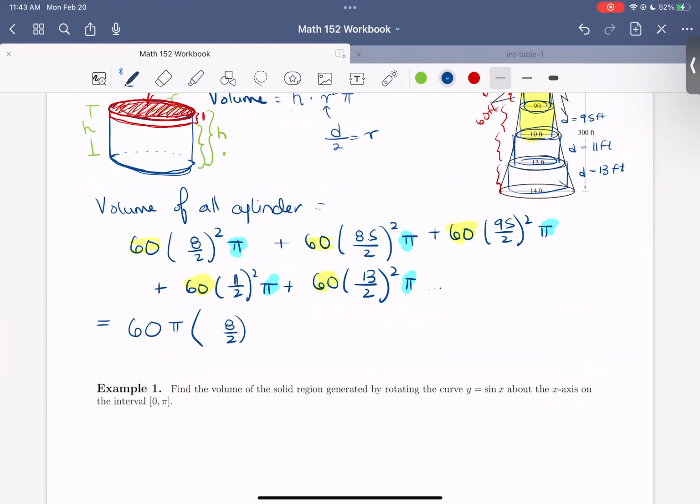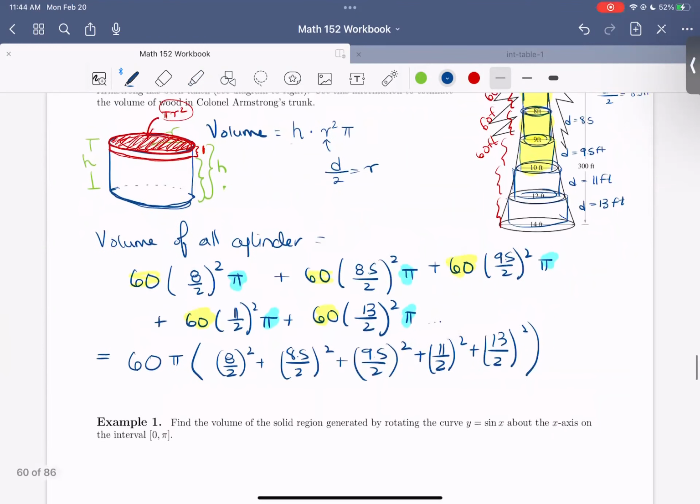So 8 over 2 squared plus 8.5 over 2 squared plus 9.5 over 2 squared plus 11 over 2 squared plus 13 over 2 squared. And this is a volume measure because we're multiplying 3 dimensions, height, and then squaring the radius. So this would be measured in feet cubed.